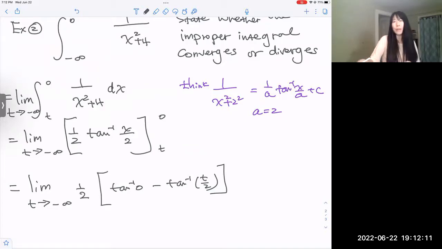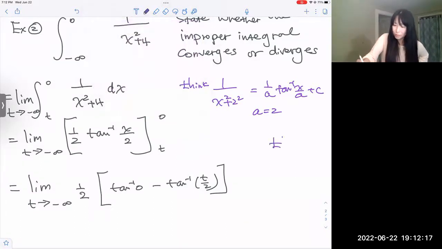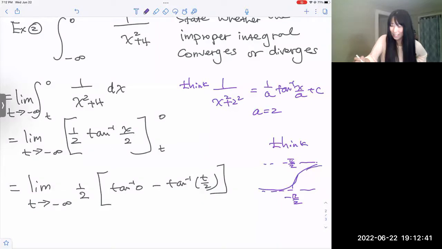All right, so we have to know the graph of arctangent. There are asymptotes at pi over 2 and negative pi over 2. It's like this, right?